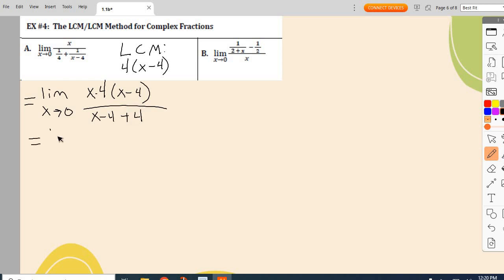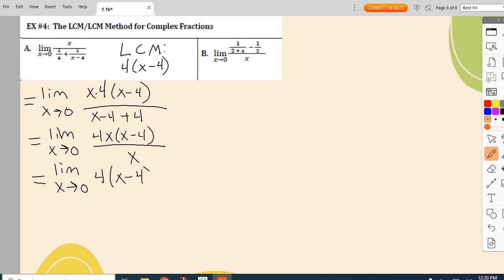Well, then what happens? So we have 4x times x minus 4 on top, and then x on bottom. So what happens to our x's? They reduce, and we're just left with 4 times x minus 4, which overall gives us negative 16. Alright, I want you to try the second one.